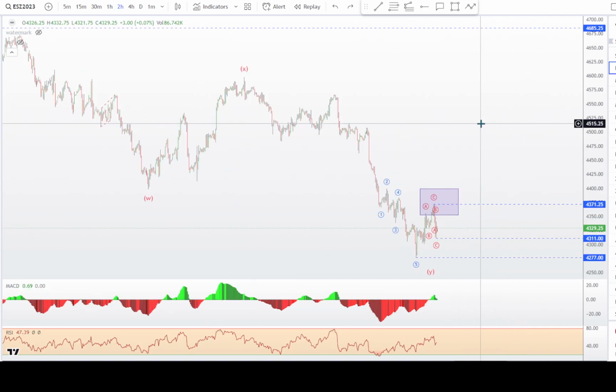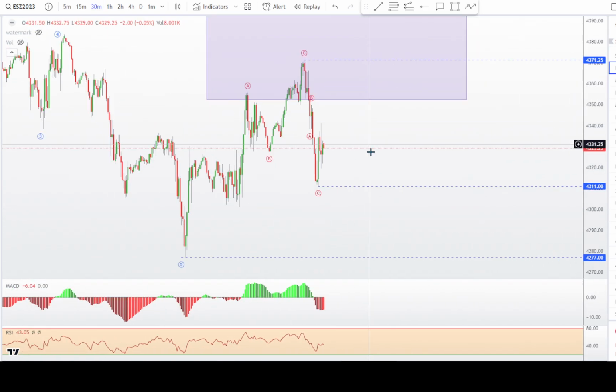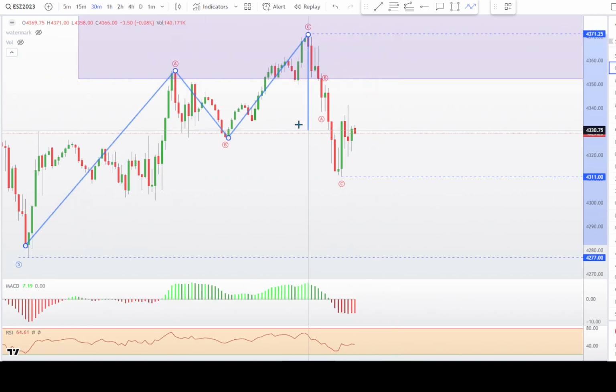Can't really tell so much on the S&P as we will see on the Nasdaq. This wave obviously is really important here because this will tell us what they're doing. So we drill down, and so far I just have a three-wave pattern: A, B, and C. And now they've come down, and then A, B, and a C. So now both of these I don't think are complete.